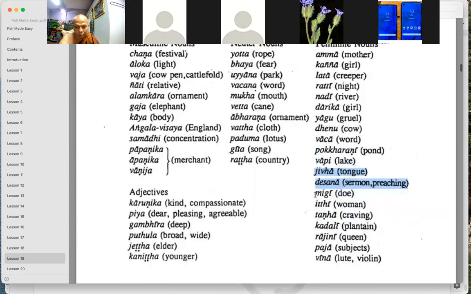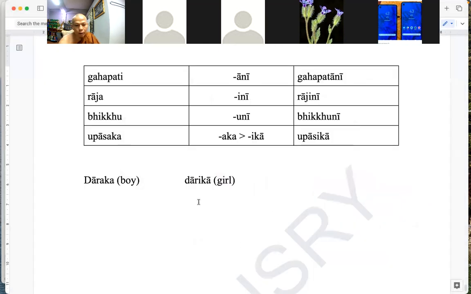And migi, door. So this one also as a masculine one. So miga, the deer. But now migi is door. So in this way, you know, the i is added. You see, the i is added.